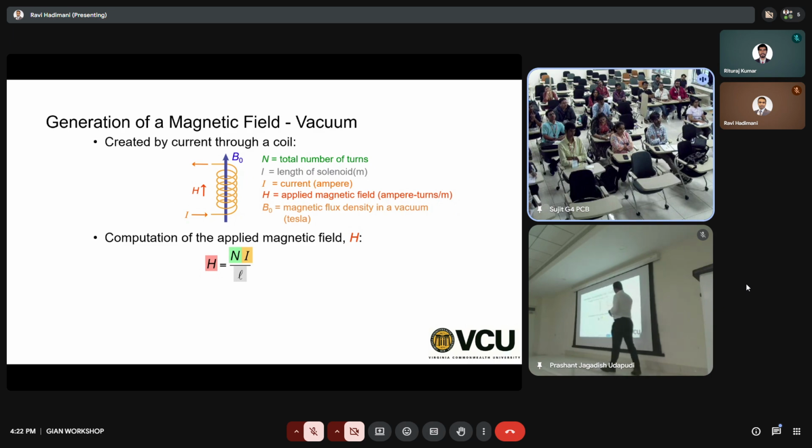The magnetic field H equals N multiplied by I divided by L, where N is the total number of turns, I is the current, and L is the length of the solenoid. It's a very simple equation. If you want a higher magnetic field, increase the number of turns or increase the current. So simple.